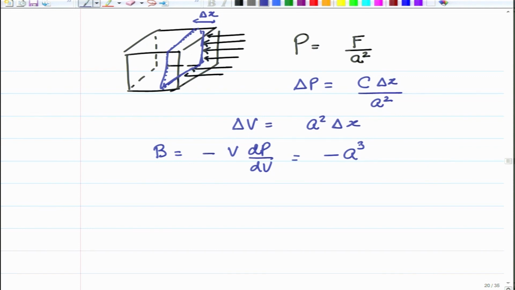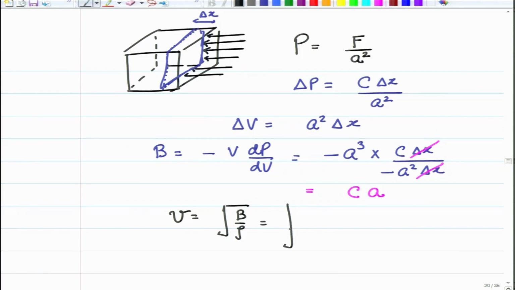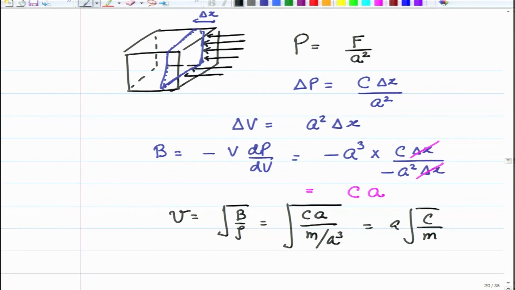Minus takes care of whether the volume is decreasing or increasing. dP is delta P, C delta x, divided by the volume decrease, minus A square delta x, and this delta x cancels, and comes out to be C times A. Therefore, the speed of sound v, which is square root of B over rho, is going to be equal to square root of C A over m over A cubed, which comes out to be A square root of C over m, which is the same that we got from the dispersion relation between omega and k, calculated from that wave equation.